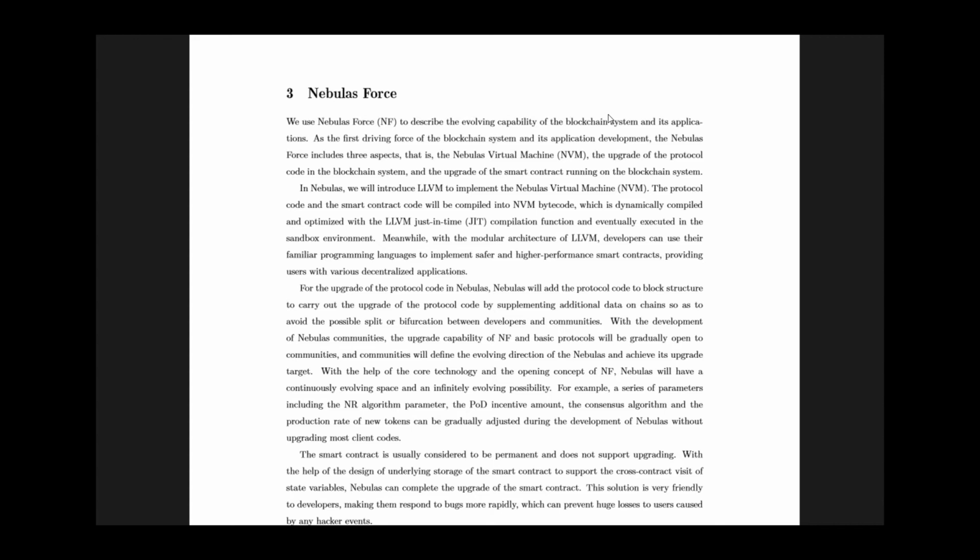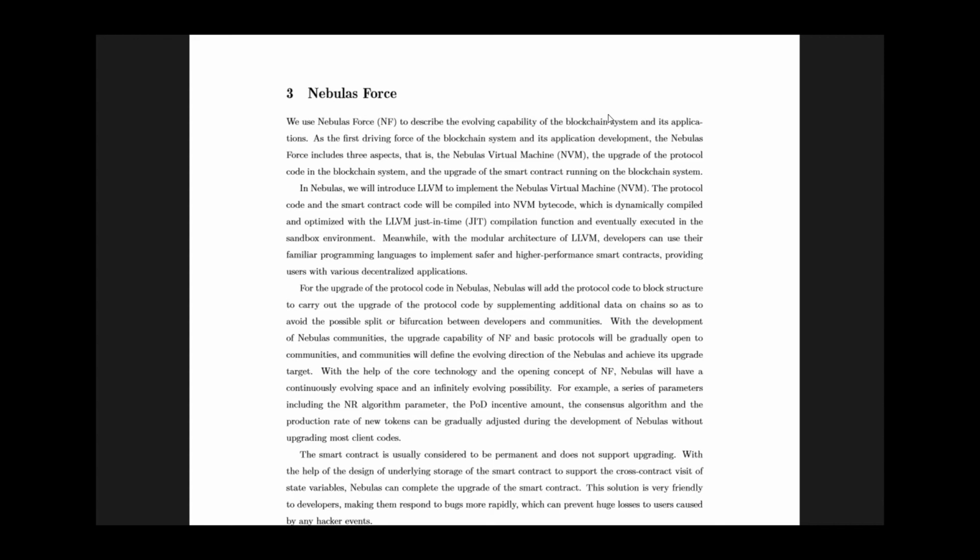In Nebulas' system architecture, base protocols will become part of the data on the blockchain and achieve upgrades through the addition of data. As for smart contracts on Nebulas, upgrade is made possible by enabling cross-contract access to state variables at the bottom layer storage of smart contracts.